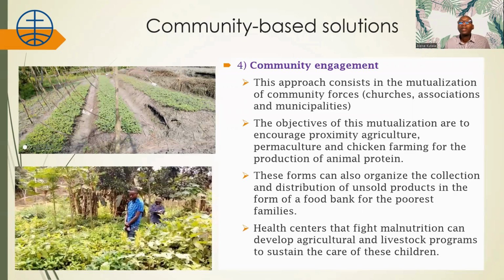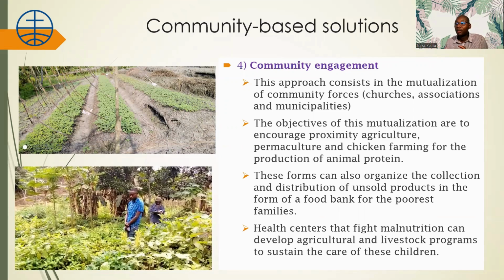Let's talk now about community engagement. What about the community engagement that can be expressed in several forms? This approach consists in the mutualization of community forces, like churches, associations, municipalities, in order to bring out some activities around food security.